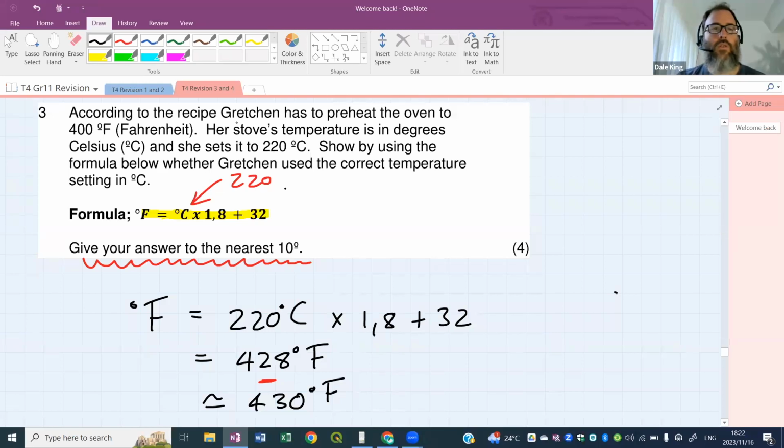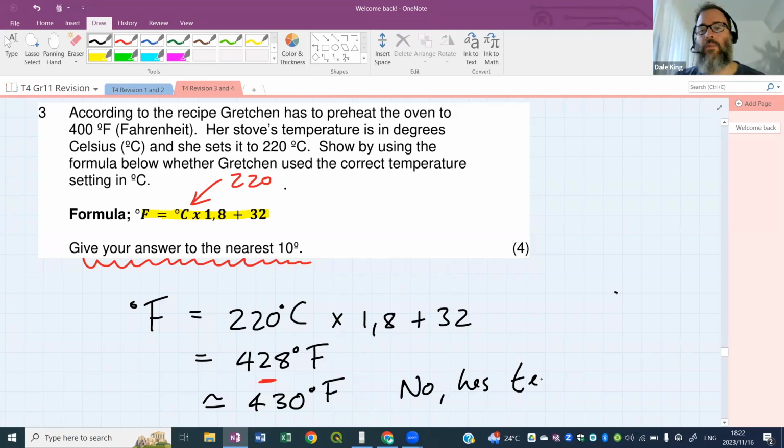The question says, according to the recipe, she has to preheat the oven to 400. Show whether she used the correct temperature if she used 220. So she used 220, I got 430 degrees Fahrenheit. So did she use the correct degrees Celsius for this? Well, she's supposed to get 400. So the answer is no. She's not done the right setting here.